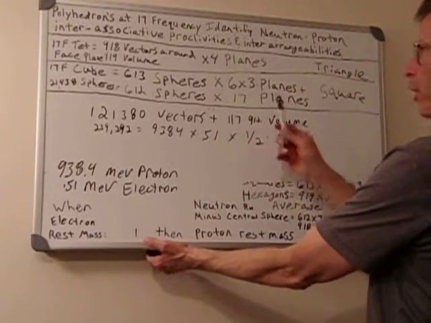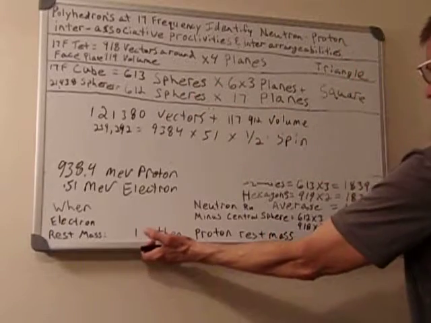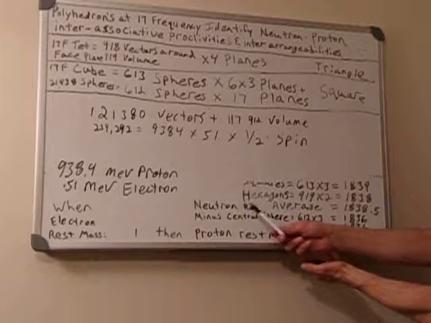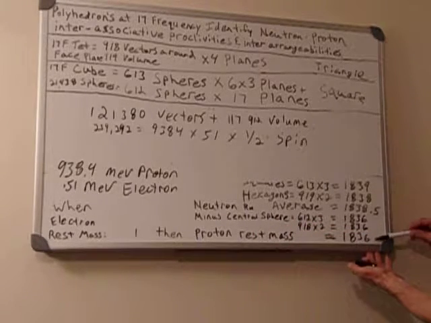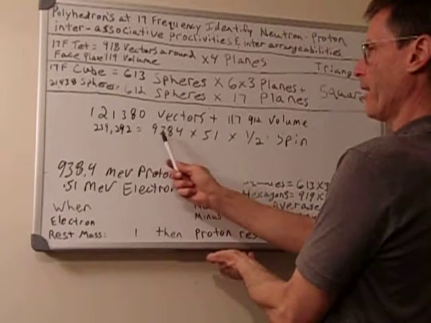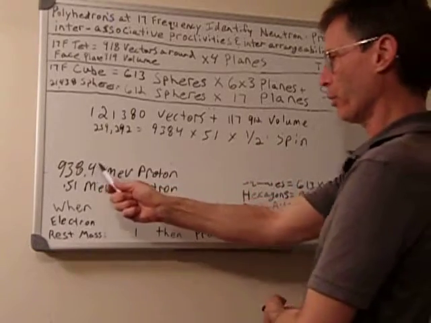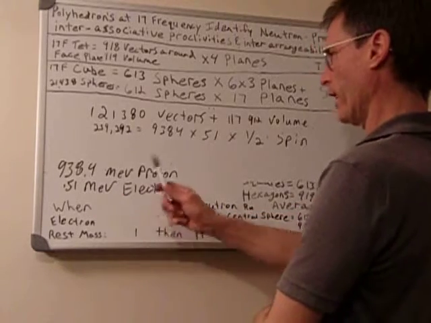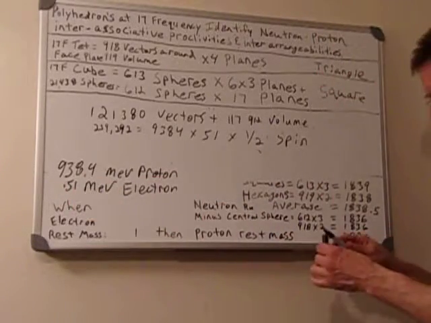So now the vectors in volume in the 17 frequency cube, where we see what the spheres have already done with its interesting numerical relationship pattern, ratioing the neutron's rest mass with the proton's rest mass at 1838.5 and 1836, is now ratioing its total vectors in volume at 9,384 times 51 times 1/2 spin, which is equal to the mega electron voltage of the proton times the mega electron voltage of the electron, powered up by 10 and 10 and 10, times that half spin. Very cool.